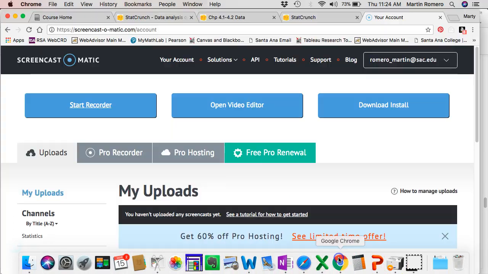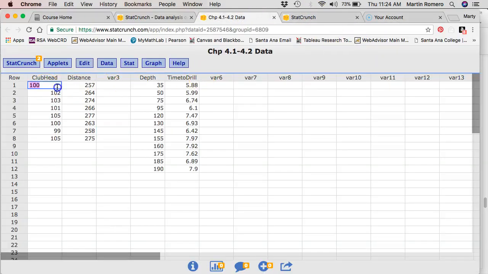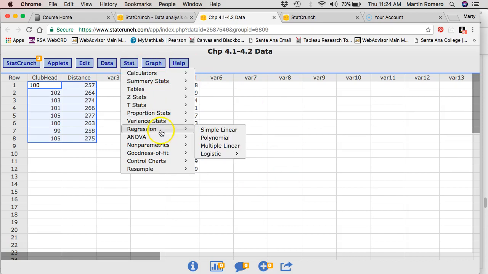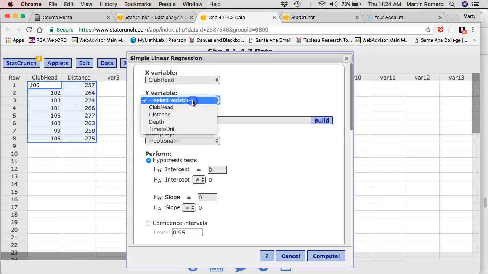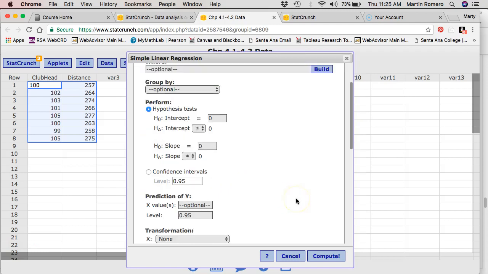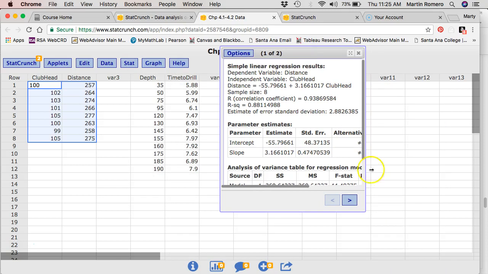And so in StatCrunch, we have the data right here, and this is the one we're interested in. So I'm going to run a regression, simple linear. The x variable is the speed of the club head. The response variable is the distance that the ball travels. And then we go ahead and compute. And then we get these values right here.